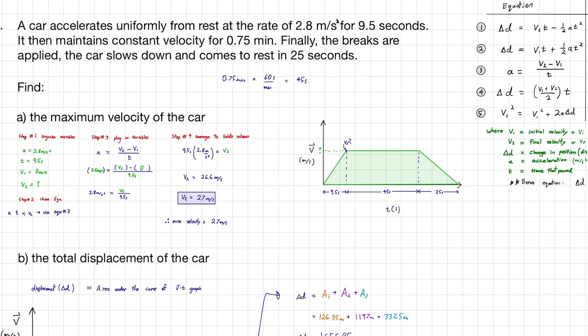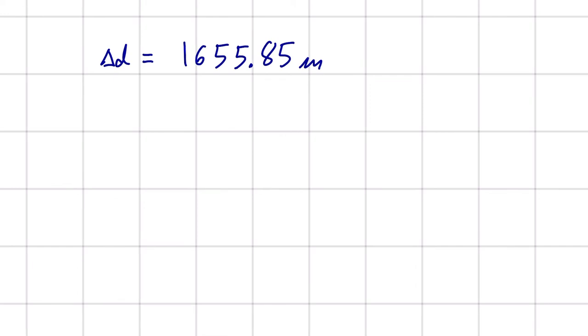And almost our final answer. Again, we have to look back at our question and see that we only use 2 significant digits in the given data. So our final answer should also be in 2 significant digits. So delta D is equal to, we're going to round this to 1,700 meters.